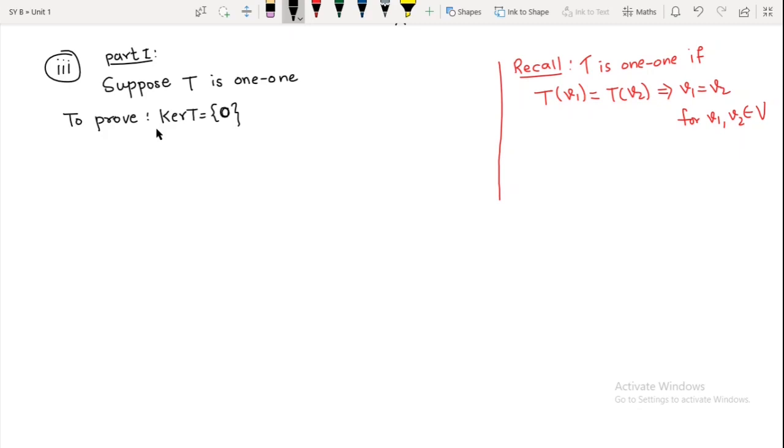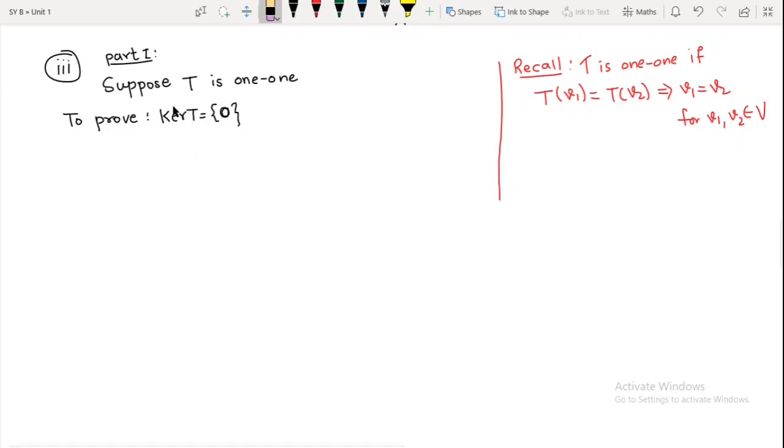Okay, so let us start. In order to prove kernel of T is equal to singleton 0, we have to show that kernel of T is a subset of singleton 0, and this singleton 0 is a subset of kernel of T.